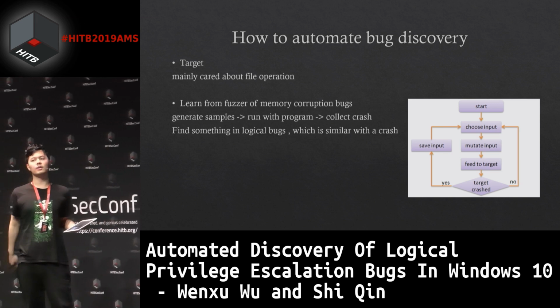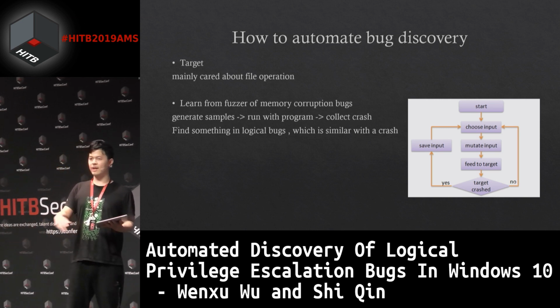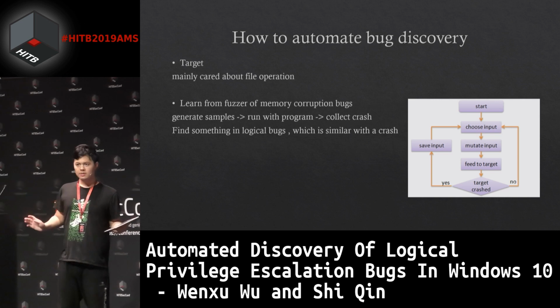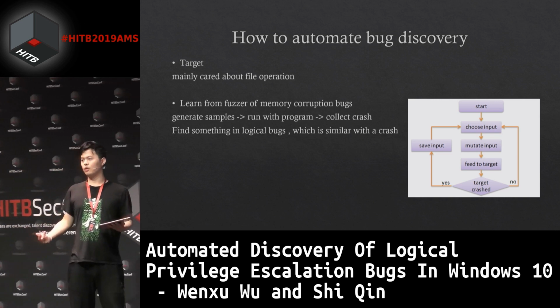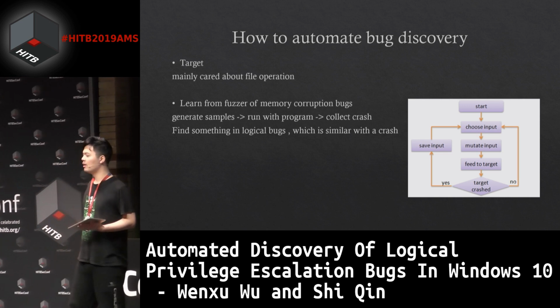So we started to think how to automate this process and get new vulnerabilities. We know now it is very easy to build fuzzers and use them to detect memory corruption bugs automatically.